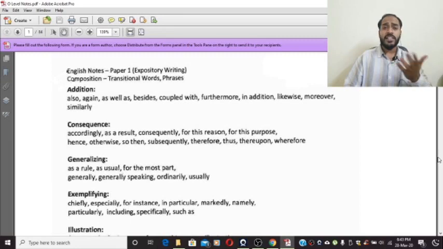Another phrase over here is as usual. As usual, he wakes up in the morning and he brushes his teeth. Rather than using generalizing or generally, I'm using the phrase as usual. For the most part of the day, the person drinks coffee or the person drinks tea. Generally speaking, I am a Bengali speaker.